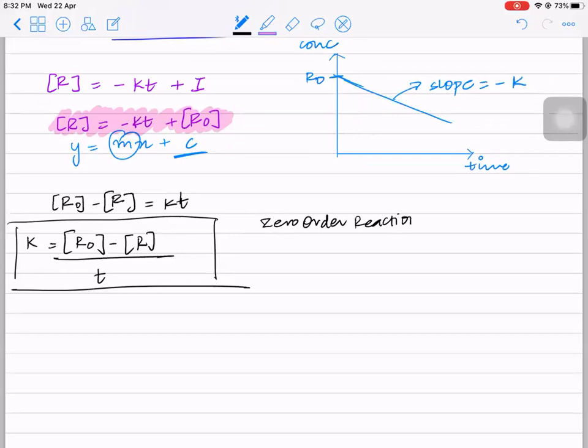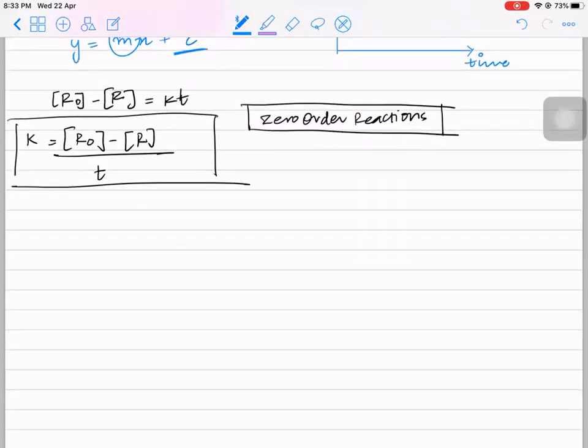Now, what are zero order reactions? Where the concentration of the reactant does not affect the rate. So it does not depend on the concentration of the reactant. What type of reactions are zero order reactions? Mostly enzyme catalyzed reactions are zero order reactions, because the enzyme is basically causing the reaction to take place, and the rate depends on the enzyme and not the reactant.